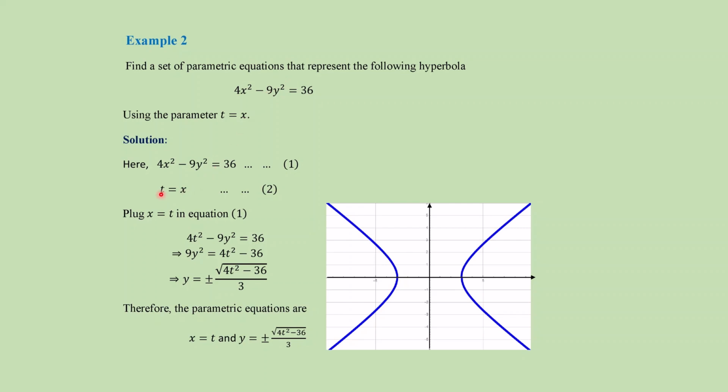So if we plug x equals t here, then we will get 4t square equals this one. And if we write this in terms of y, then we will get y equals plus or minus the square root of 4t square minus 36, over 3. So x equals t and y equals this one is the parametric equation. For x equals t, we got two y equations, one for plus and one for minus.